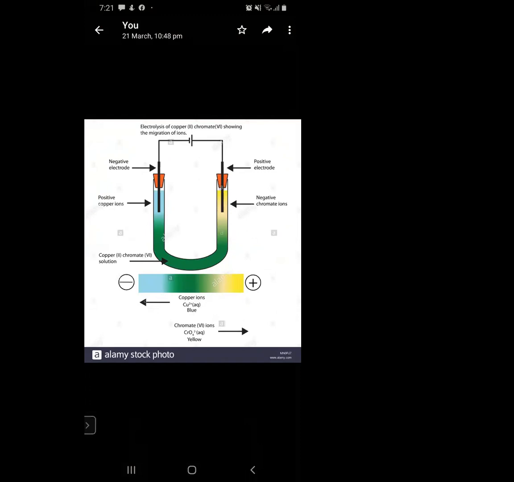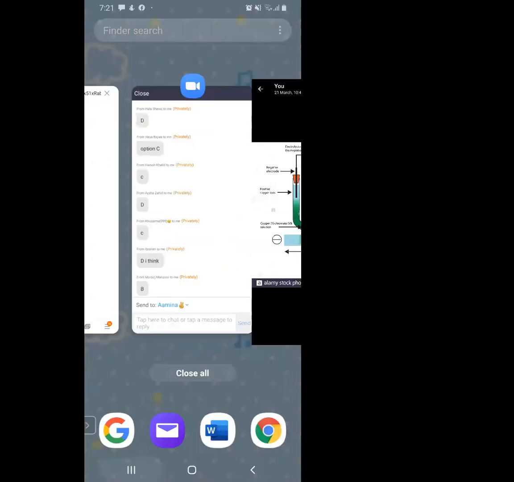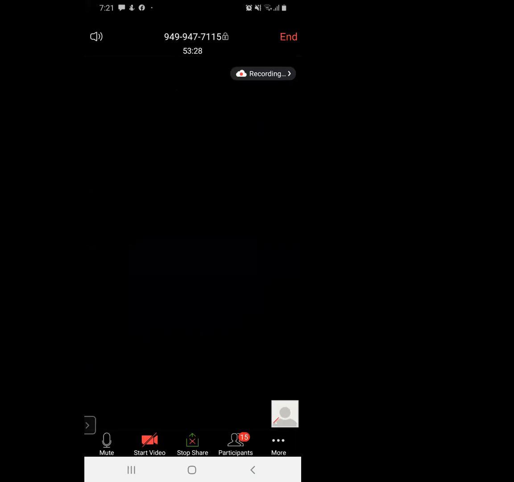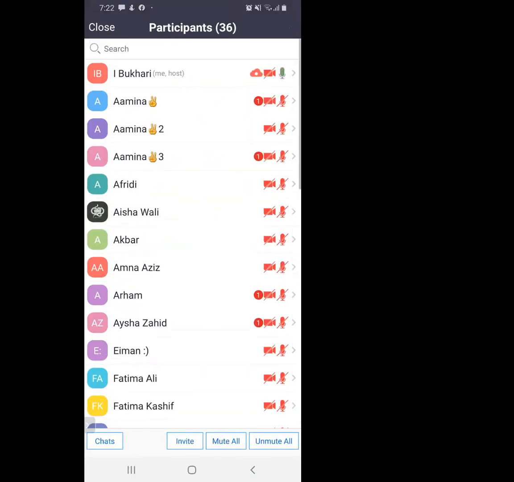Now let's move on to the industrial electrolysis of aluminum. By the way, I don't think I need to explain this lead bromide experiment, which is explained on page 107. I have already discussed this with you.